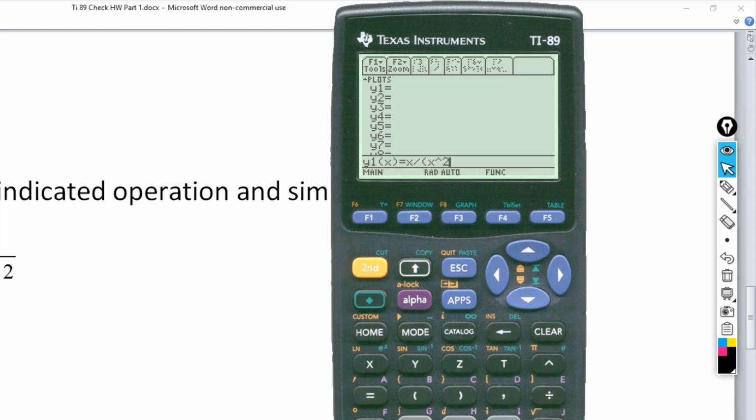Okay, and then here you should see it the way it's supposed to be. If you enter the parentheses wrong, it's going to give you the wrong setup, and you should be able to tell that.